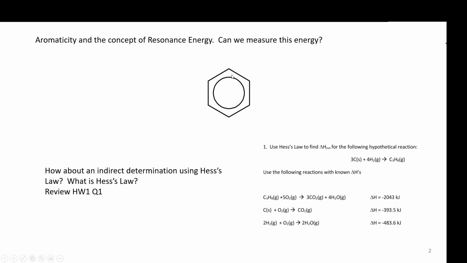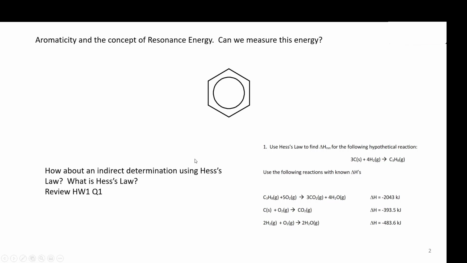And how can we measure the energy, since it's the lower energy level caused by the conjugated double bonds? Essentially, there's no way to measure that conjugated contribution individually. There is no direct measurement of that energy.